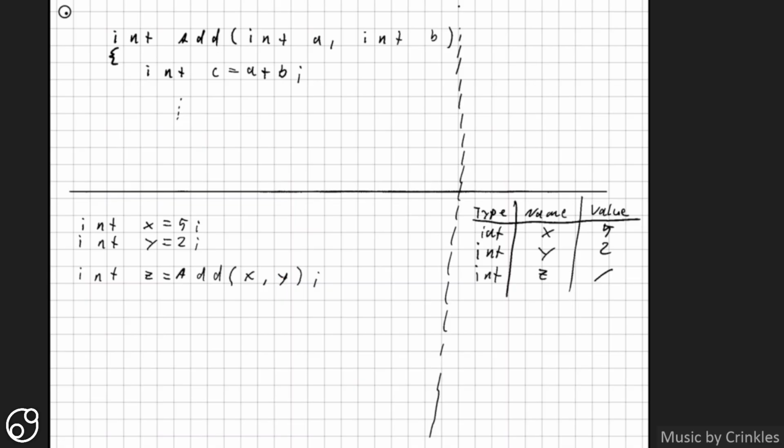So in our case, similar to operators, an x and a y need to be resolved first. So add x, y turns first into add 5, then 2, first step. And then we're gonna make the call.